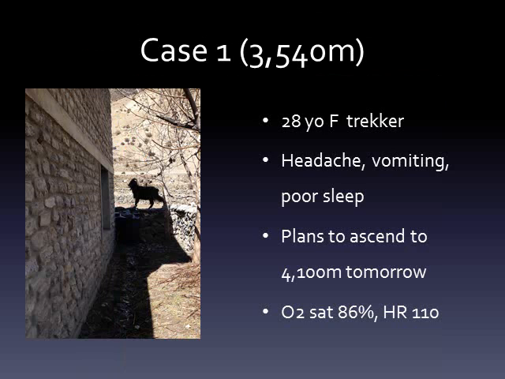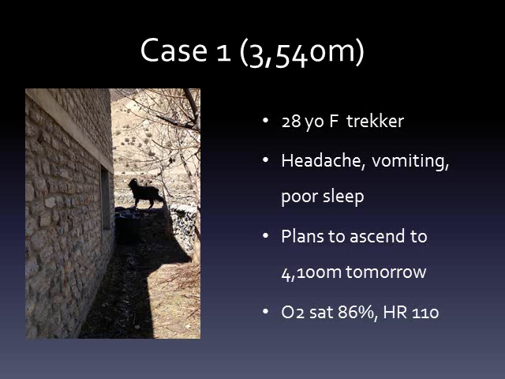We have a 28-year-old female trekker who is complaining of headache, vomiting, and poor sleep. She's planning to ascend further to 4,100 meters tomorrow to the next town on the trek. You see her oxygen level is 86% on room air, her heart rate is 110, her lungs are clear, and her neurological exam is normal.